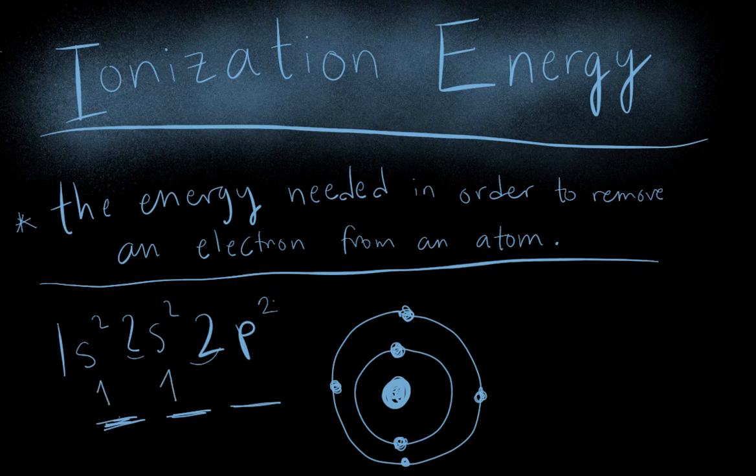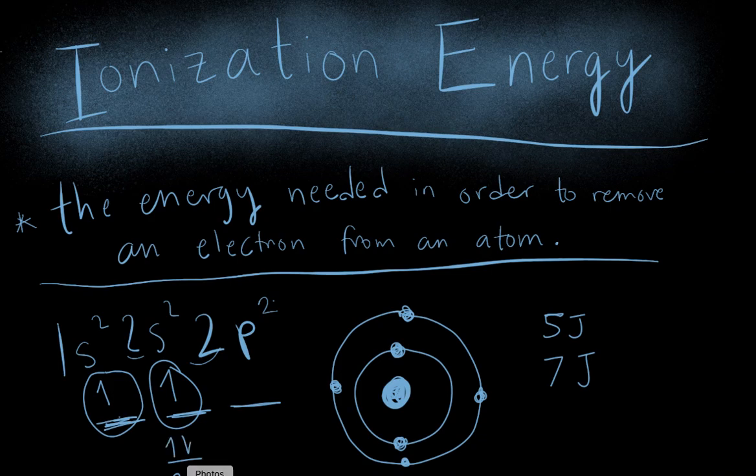To take away the first valence electron requires some amount of energy. Let's say 5 joules. To take away the second p electron, it's not going to require that much, say about 7 joules, but it's still more than the first one. Then we move on to the 2s. The 2s is filled.